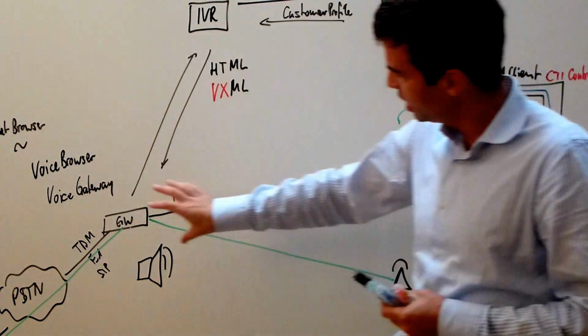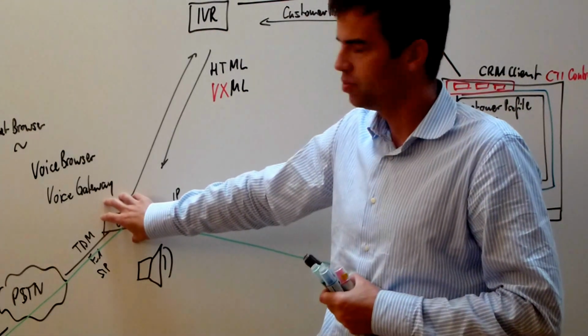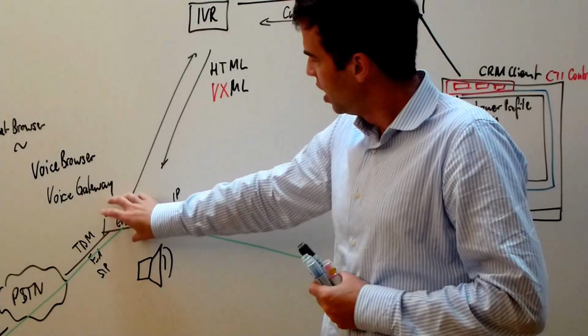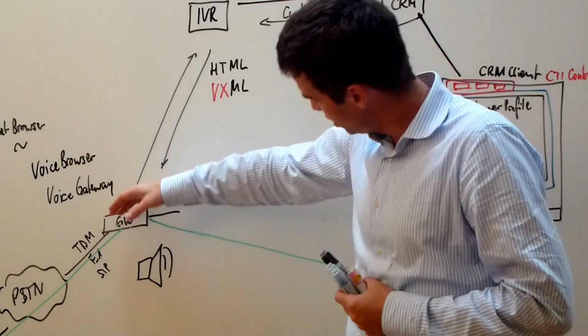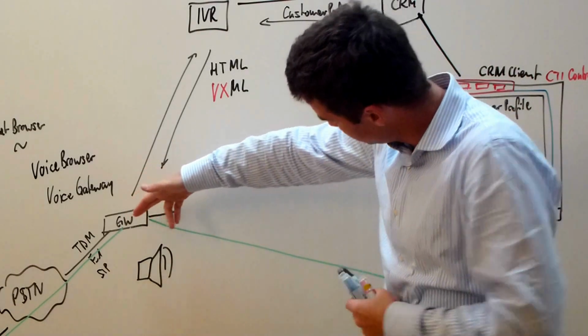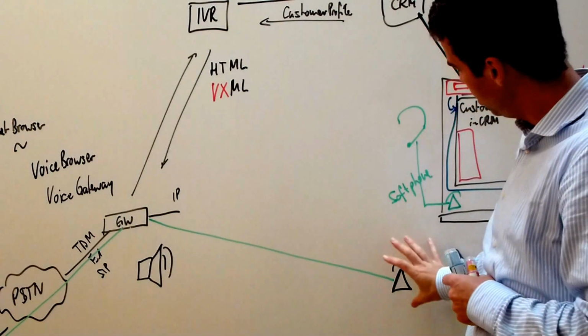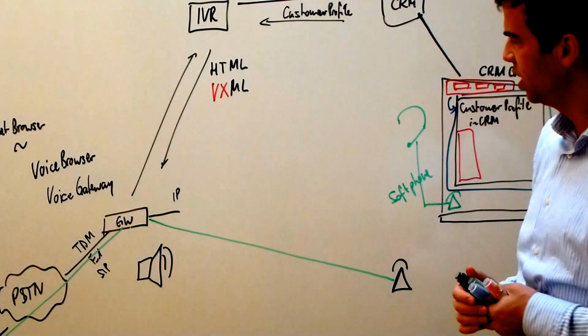In this case, you can place the voice gateways in France, queue all the calls on the voice gateways in France, play all the announcements until an agent becomes free, and only once an agent becomes free will the calls be transferred over IP to the agent wherever that agent is located.